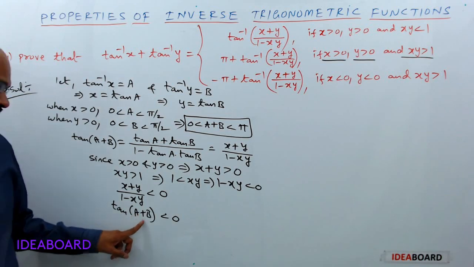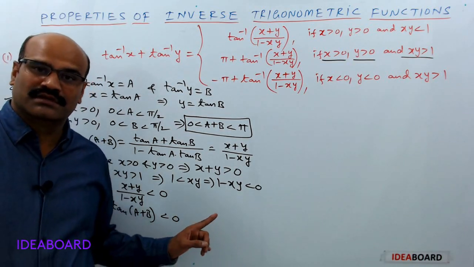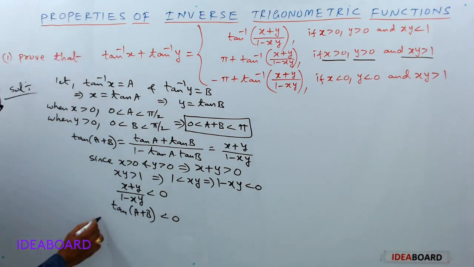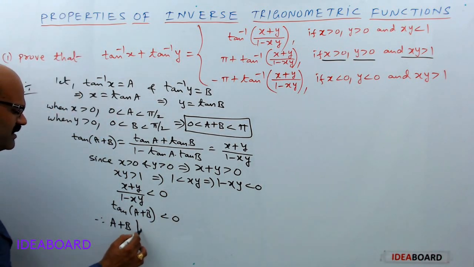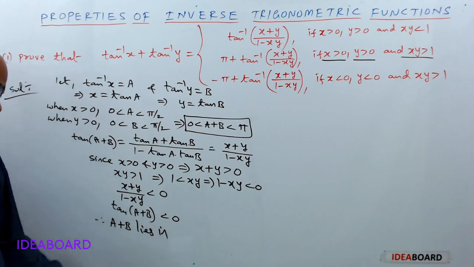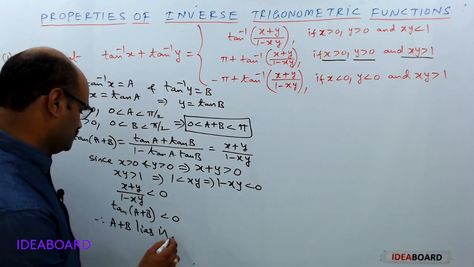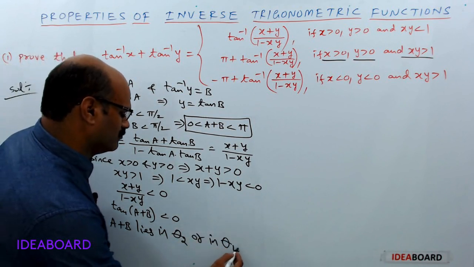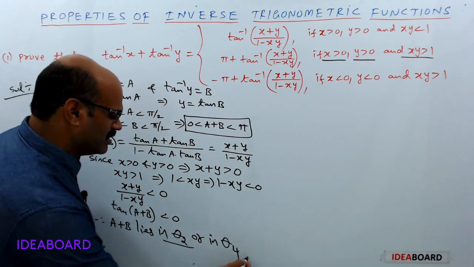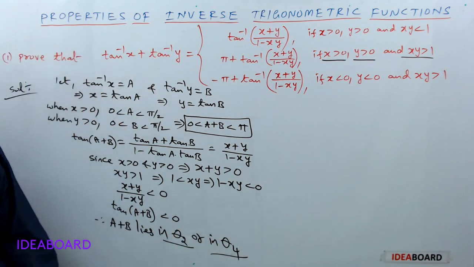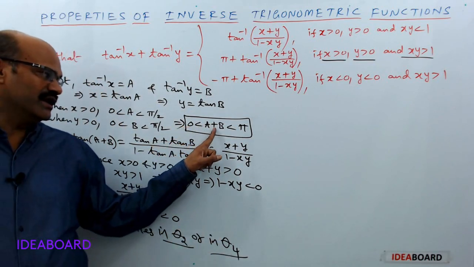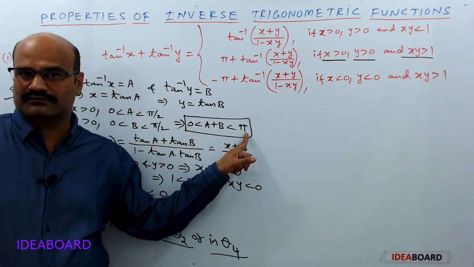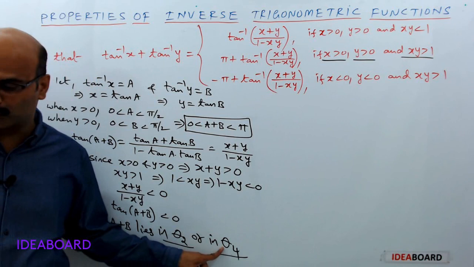So tan theta is negative in the second quadrant or in the fourth quadrant. Therefore, a plus b lies either in the second quadrant or in the fourth quadrant. We came to know that a plus b lies only between 0 and pi, so we cannot take the fourth quadrant.